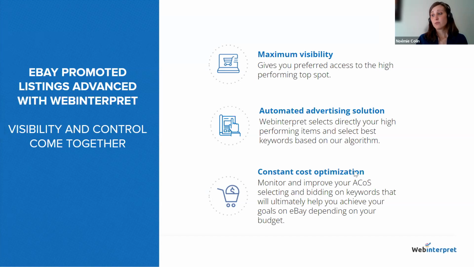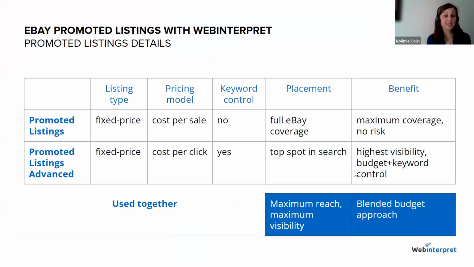But what's the difference between Promoted Listing and Promoted Listing Advanced? These two solutions are just complementary. You should not oppose them. As I was saying previously, Promoted Listing is a cost per sale solution that will give you visibility across the eBay network, including all the search and listing pages.